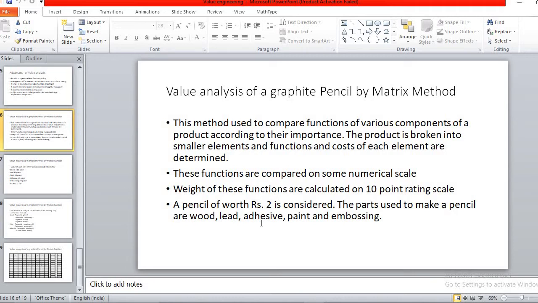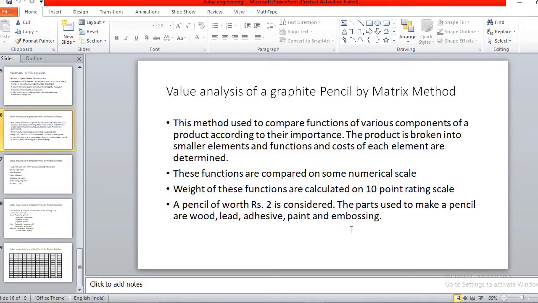In this example, the graphite pencil has a cost of rupees 2, and the parts used to make the pencil are wood, lead, adhesive, paint and embossing.